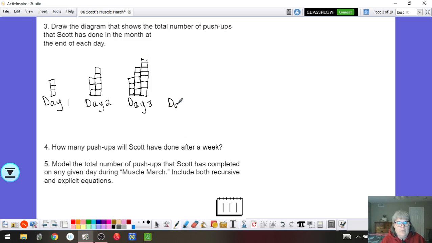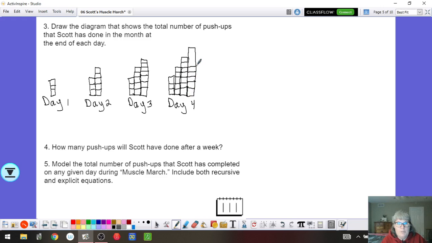Day 4, we have 3 from day 1, 5 from day 2, 7 from day 3, and then we have 9 from day 4.